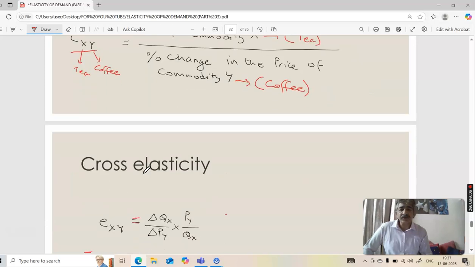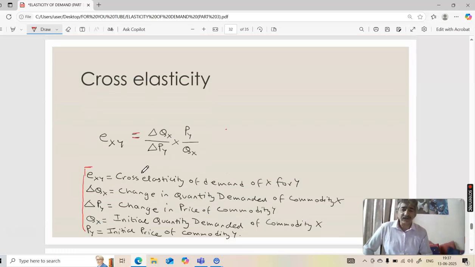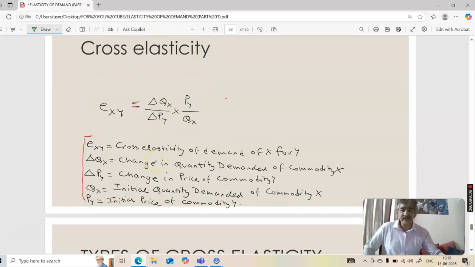So let's proceed. Now another formula, second formula for cross elasticity of demand, as you can see, is here. This is the symbol for cross elasticity of demand for product X for Y. Okay, so delta Q_X, I'm reading over here, delta Q_X stands for change in quantity demanded of product X upon delta P_Y. I'm reading over here.